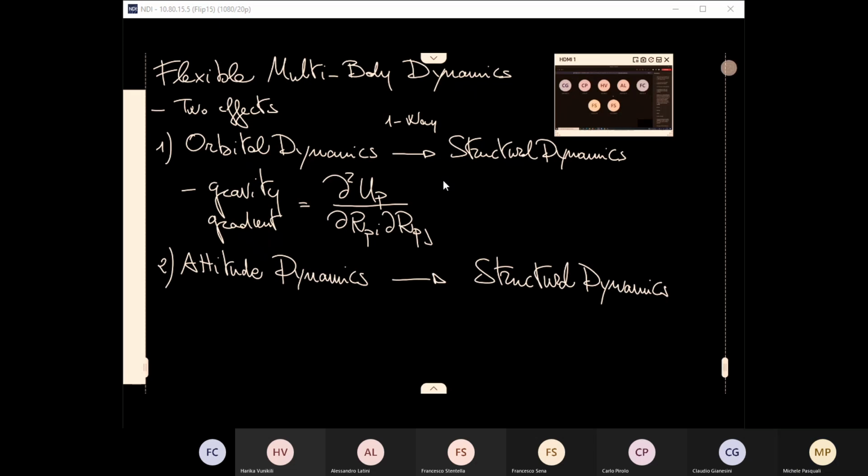Also, for example, let's take into account solar radiation and solar pressure, solar wind. So, solar radiation and solar wind.